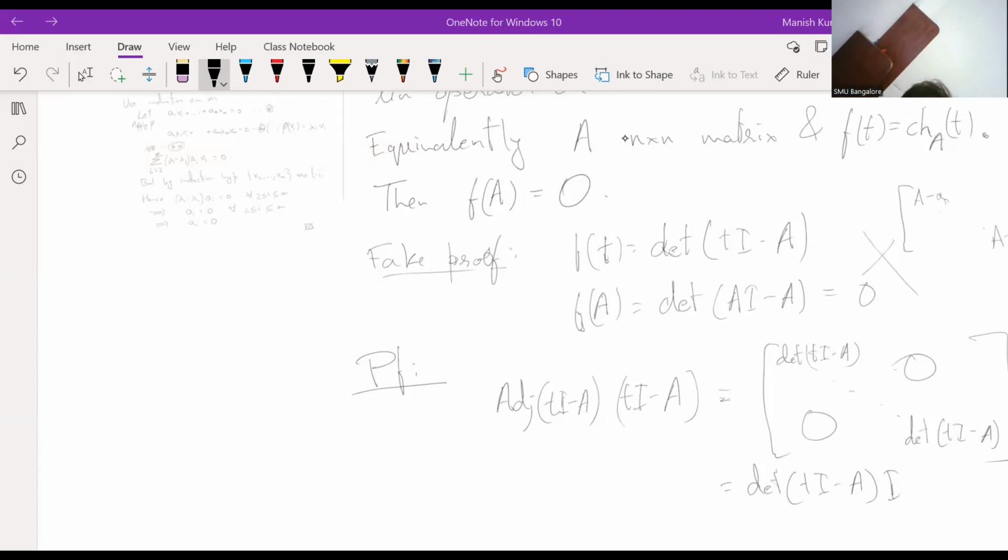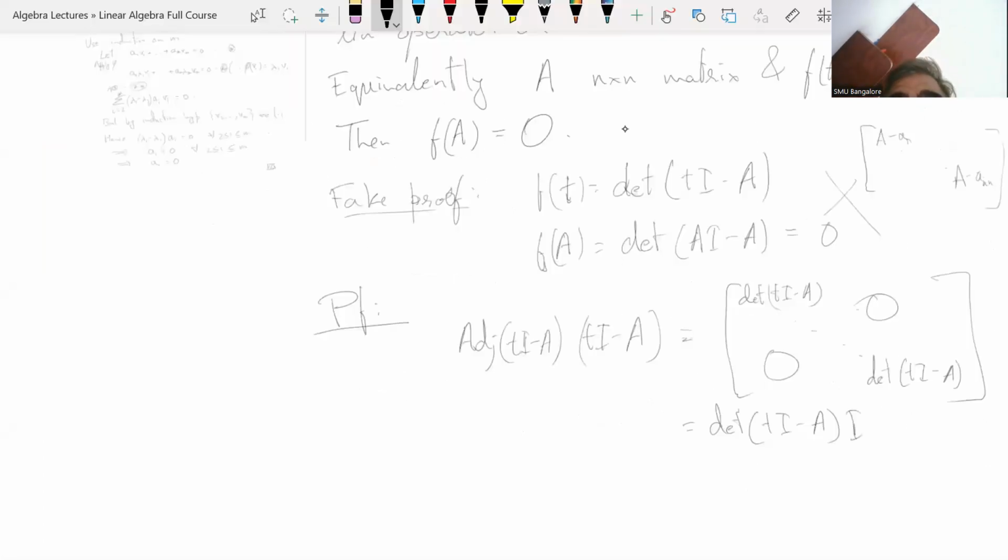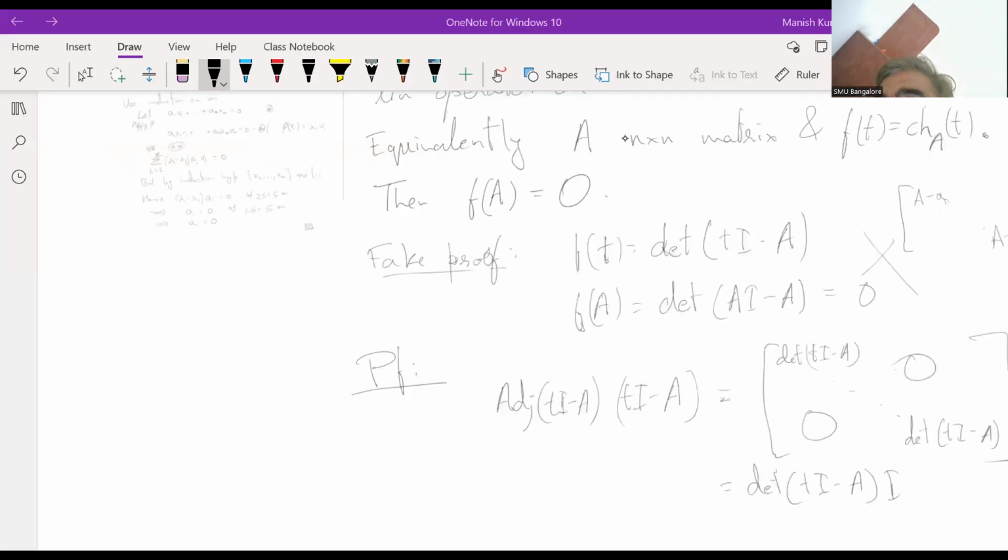Does everyone know what the adjoint of a matrix is? At A11 you write down the minor where you delete the first row and the first column and write down the determinant of the remaining n minus 1 cross n minus 1 matrix.